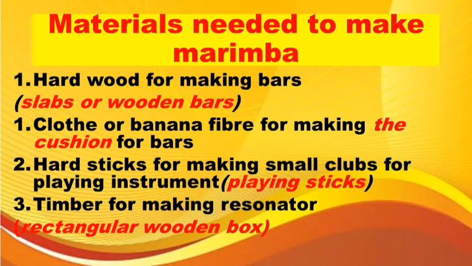Cloth or banana fiber for making the cushion for bars. Hard sticks for making small claps for playing the instrument, that is playing sticks. Timber for making the resonator, that is the rectangular wooden box.